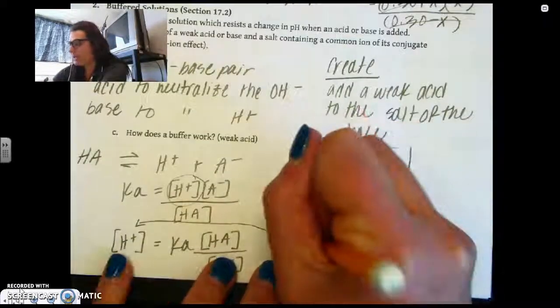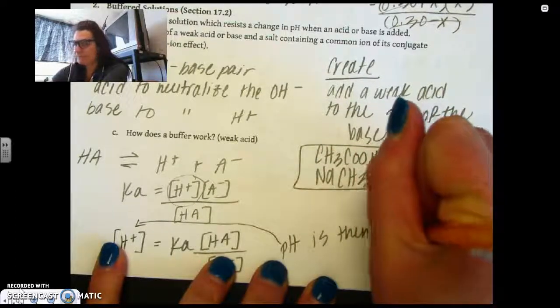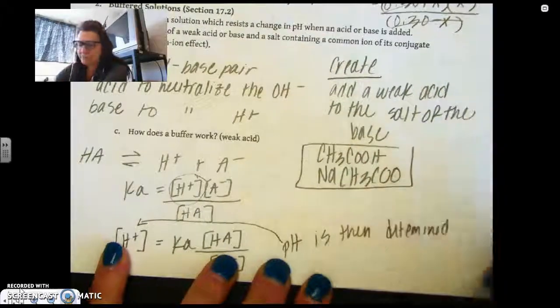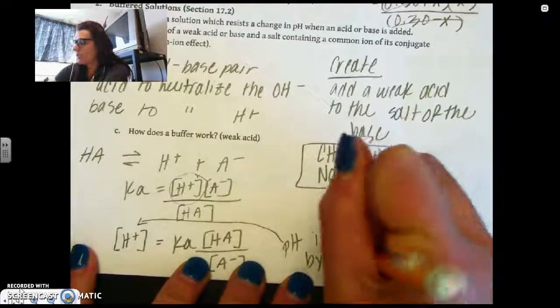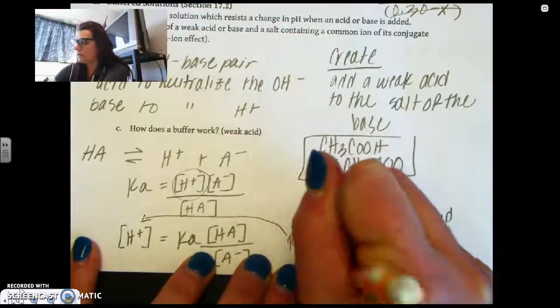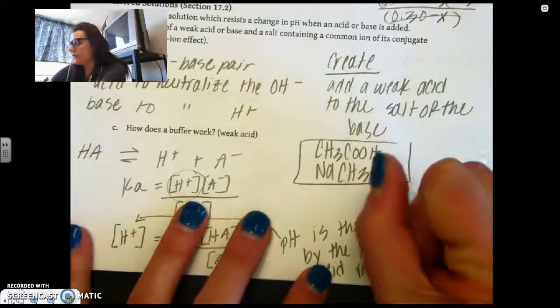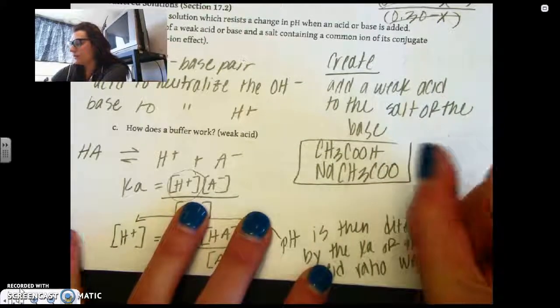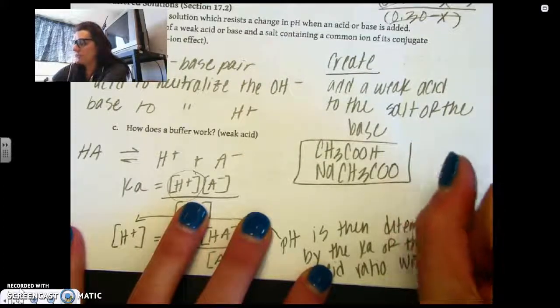So let me write that. pH is then determined by the Ka of the weak acid and the ratio of the weak acid to its conjugate base.